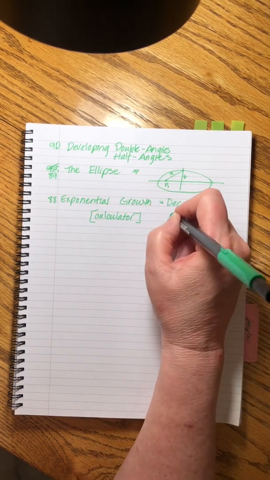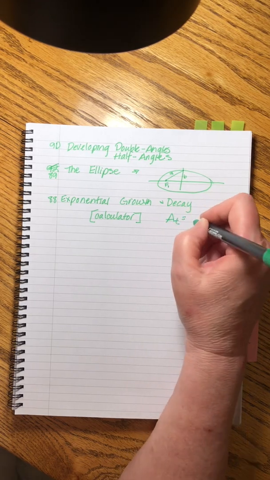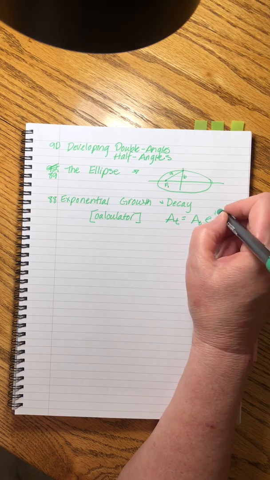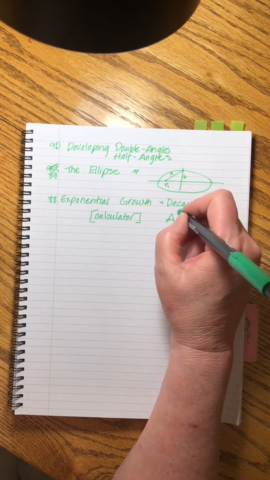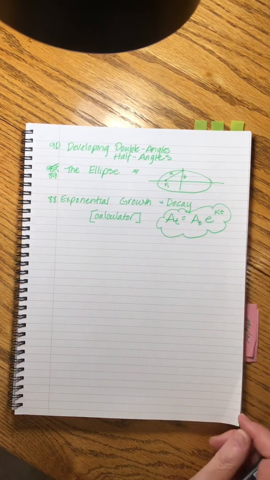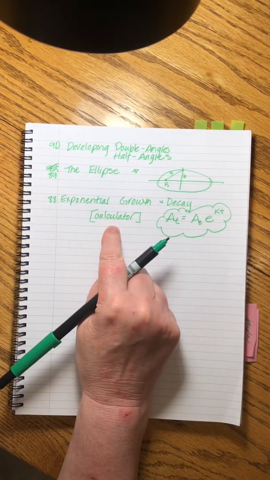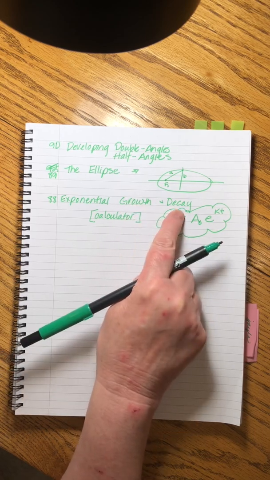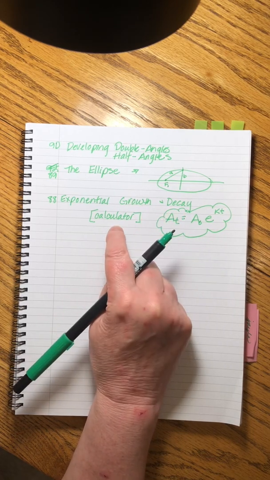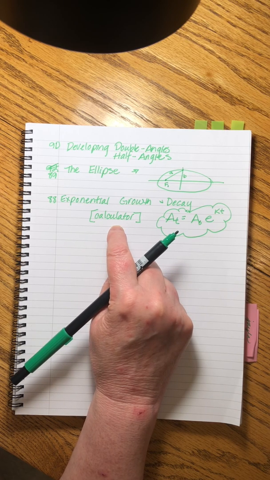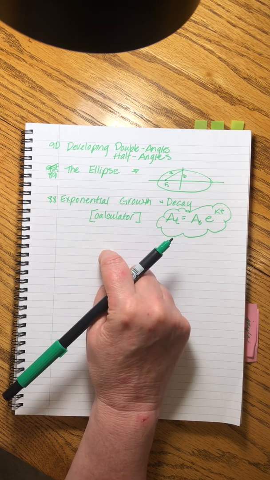The formula is A at any certain amount equals the original amount times e raised to a constant times the time. Make sure you know that. Right? You would need a calculator for that. I consider the growth problems to be easier than the decay. Mentally it just works. 87 is sum and difference identities.